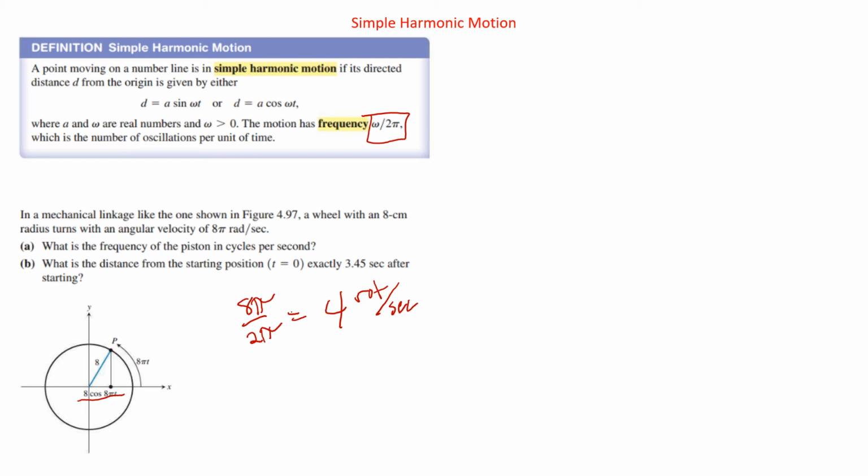3.45 seconds after starting? Well, we have our d of t was 8 cosine of 8 pi t, and that 8 is from the radius, and that 8 pi is from the 8 pi radians per second.